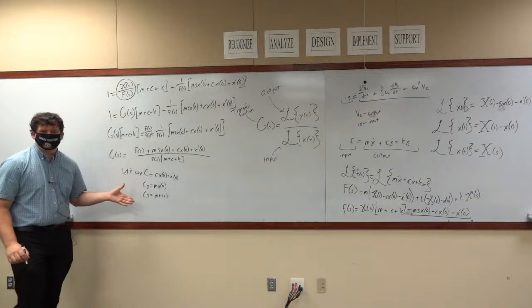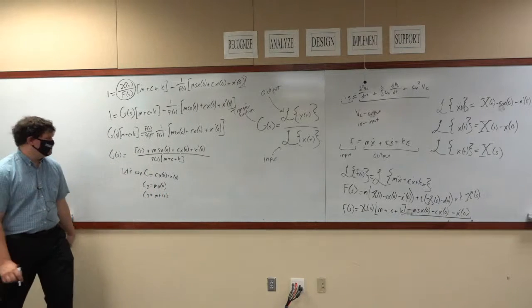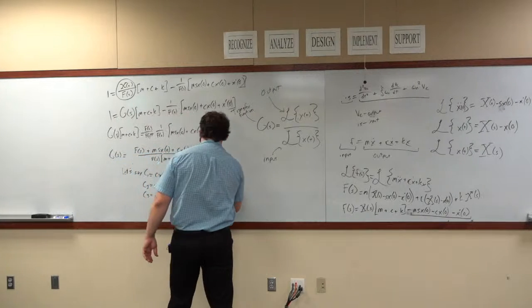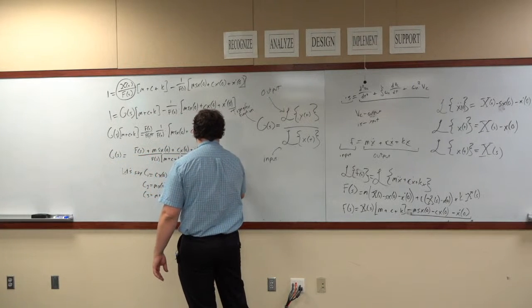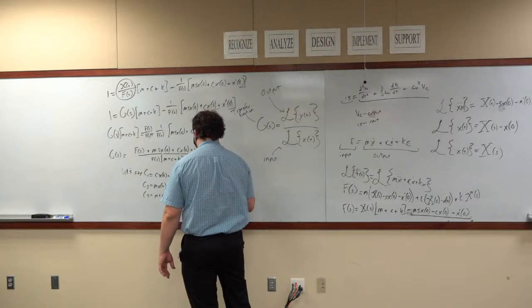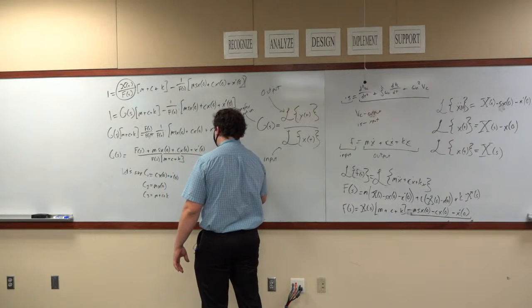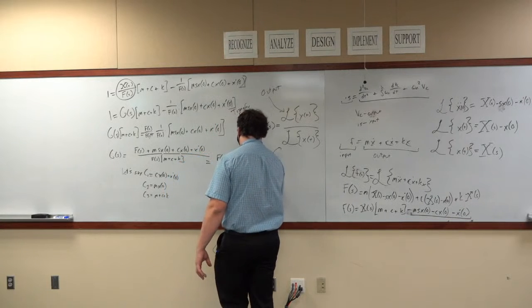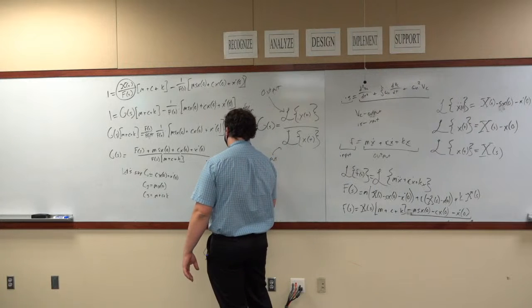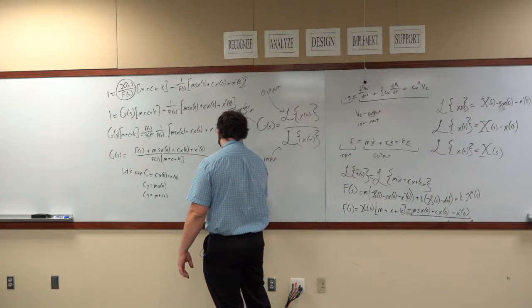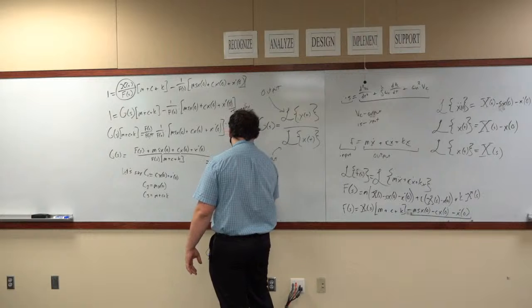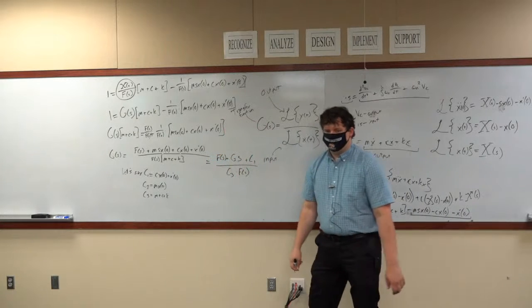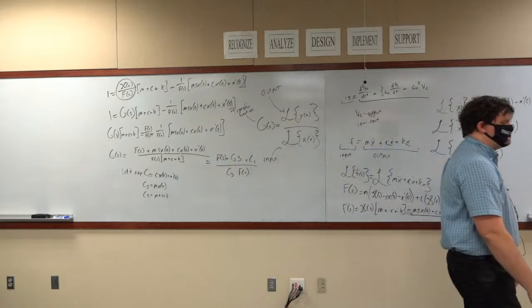So all we're doing is cleaning this up a little bit. Then this transfer function is now equal to F of s plus (C2 s plus C1) divided by C3 times F of s, where C1, C2, and C3 are all constants.